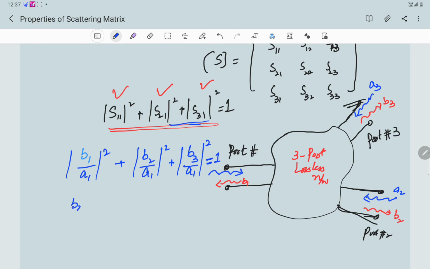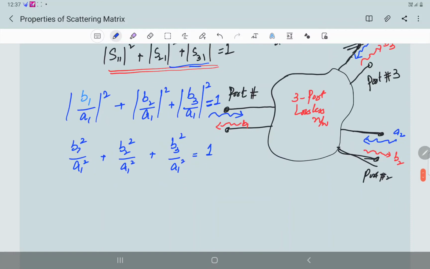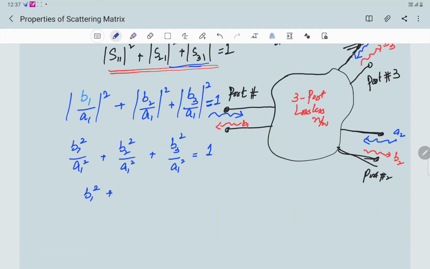Now this would mean B1 square by A1 square plus B2 square by A1 square plus B3 square by A1 square is equal to 1. Which in turn means B1 square plus B2 square plus B3 square divided by A1 square is equal to 1, which in turn means B1 square plus B2 square plus B3 square is equal to A1 square.